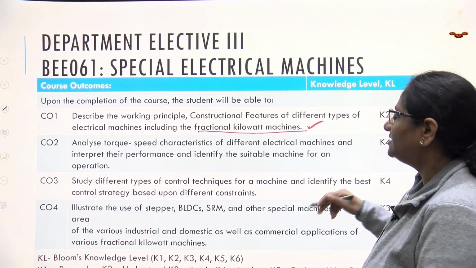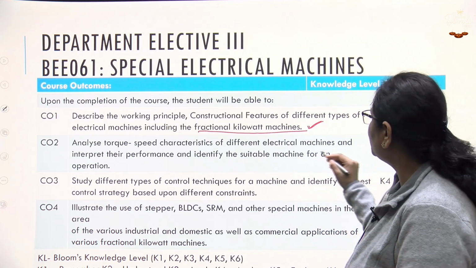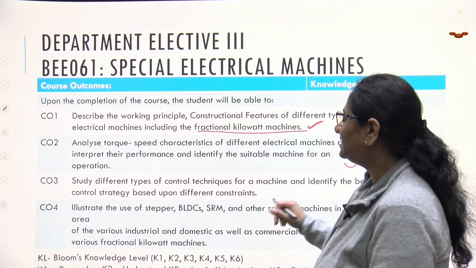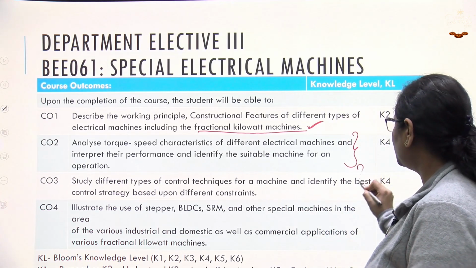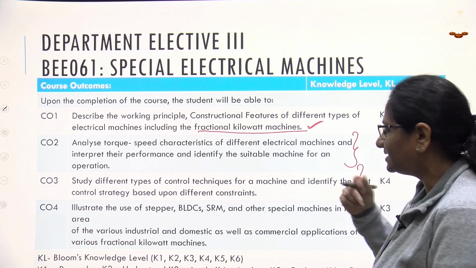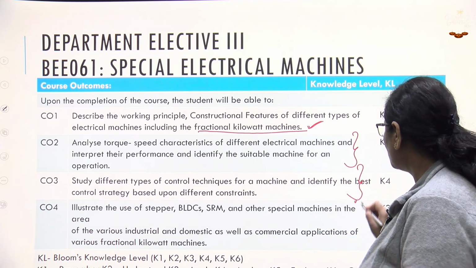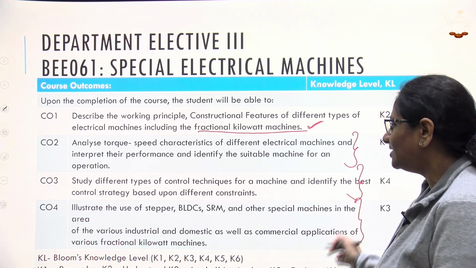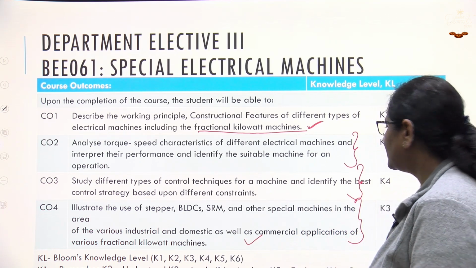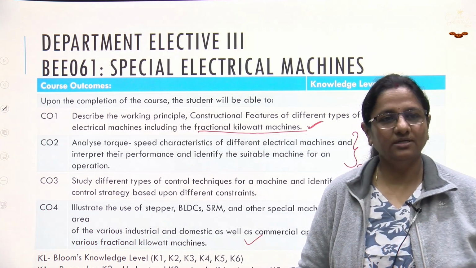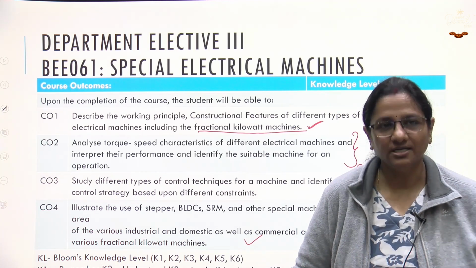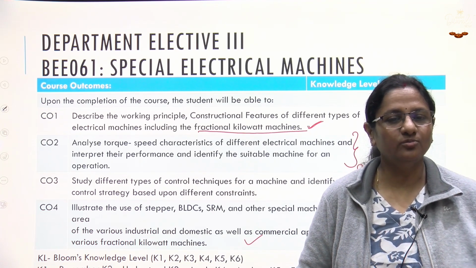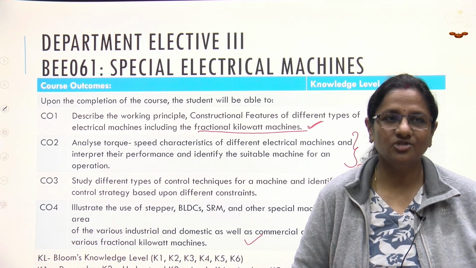The student would be able to analyze the torque speed characteristics of different special electrical machines. The student would study different types of control techniques for a machine and identify the best control strategy, and illustrate the use of various motors like stepper, BLDC, SRM and other special machines in various industrial as well as commercial applications involving fractional kilowatt motors. Here they are replacing the already used fractional kilowatt motors, which earlier was the single phase induction motor.